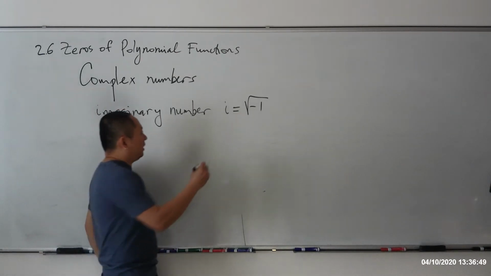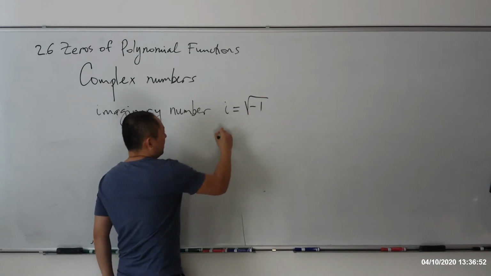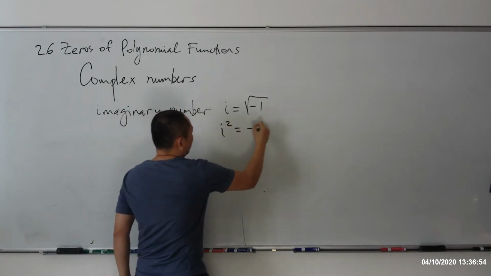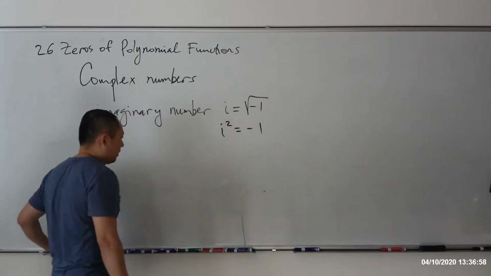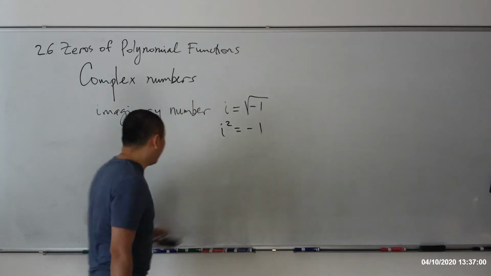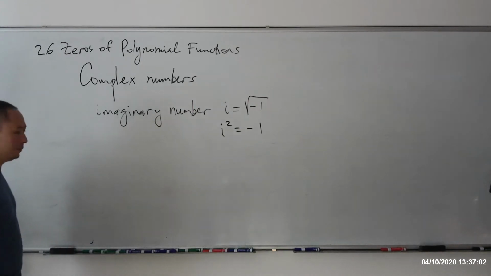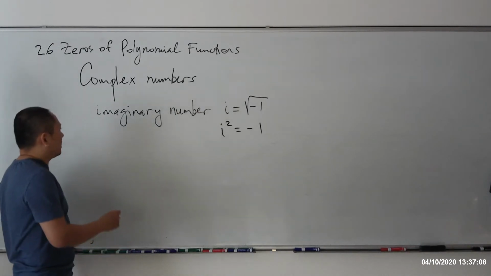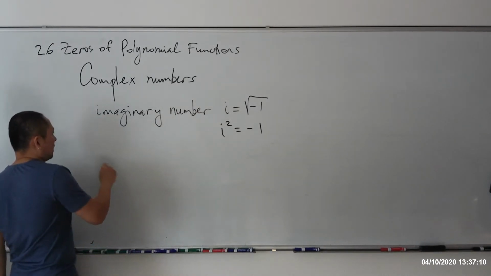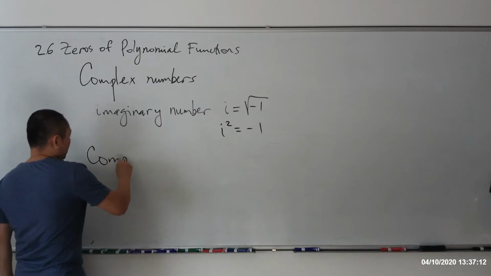Or equivalently, we can square up both sides. People can define it this way: i squared equals -1. You see, some number only happens in our imagination that we square up to equal -1, and that's called the imaginary number. Now, together with the real numbers, we can construct the complex numbers. The complex number is defined this way.